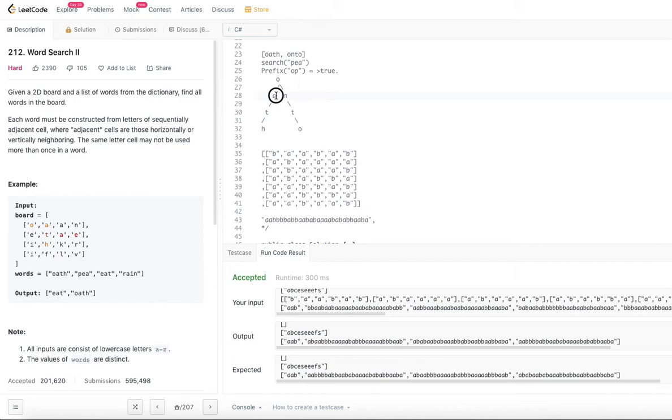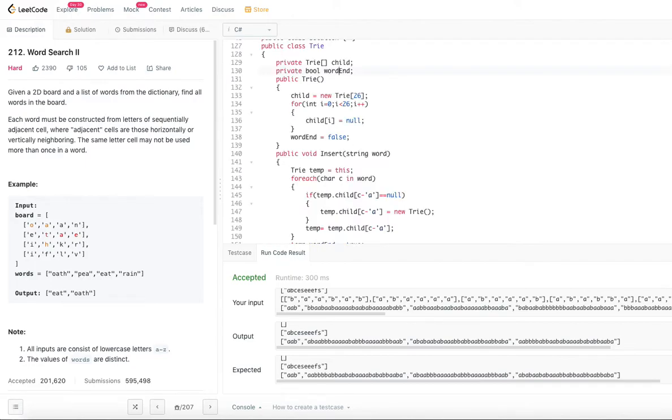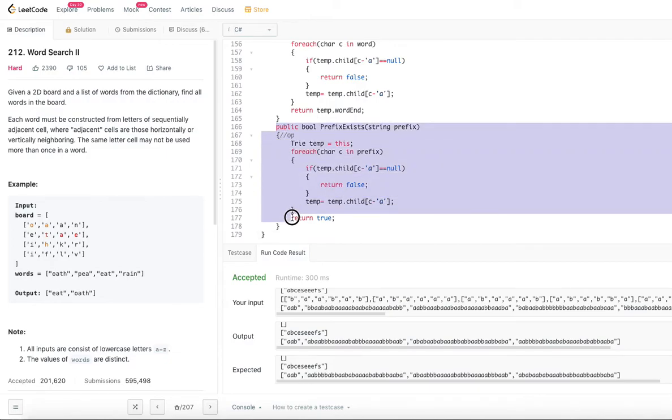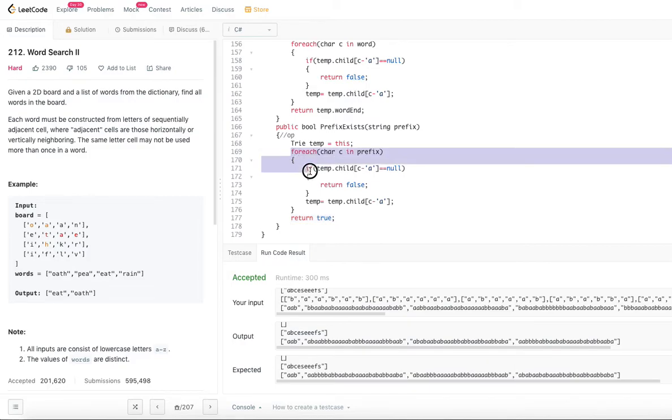O has only pointer A and pointer N. We don't have a P pointer, so we return false. That's how this prefix search works. Once you exhaust all the characters, you return true because that prefix exists in the trie data structure. If somewhere the prefix does not exist, you return false. This is the prefix search that we are going to use in our algorithm.